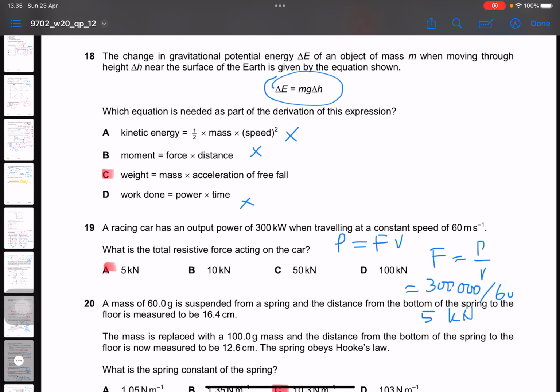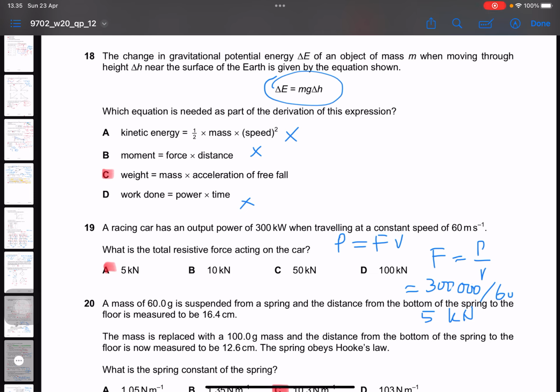18. The change in gravitational potential energy delta E of an object of mass m moving through height delta h near the surface of the earth is given by the equation delta E equals mg delta h.